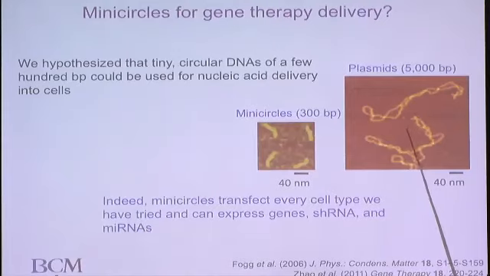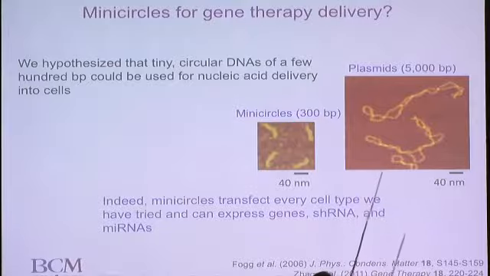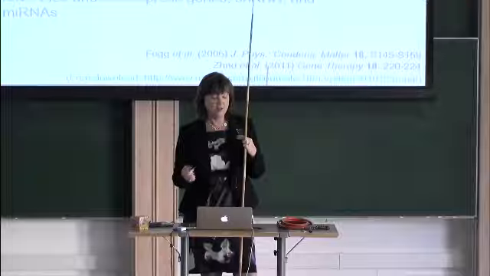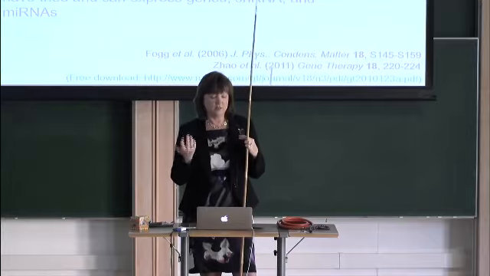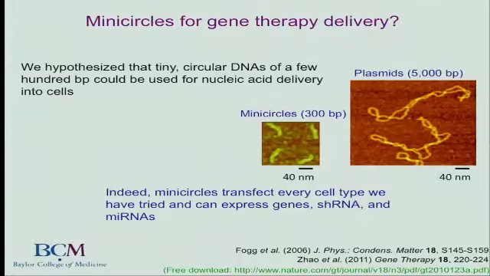These are really big, and these are really small. It just seemed logical to me that they would get into cells. And indeed, these minicircles transfect, which is a medical, or maybe molecular biology or cell biology, word. I am not that. But they transfect and get into every cell type we have tried. They express genes, they express shRNAs, and they express microRNAs. And some of this is published.